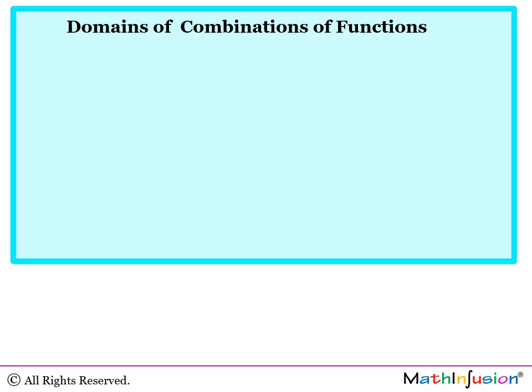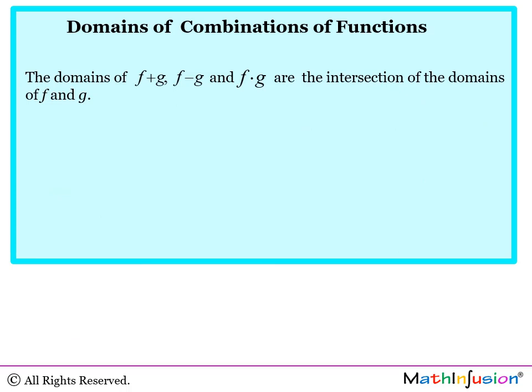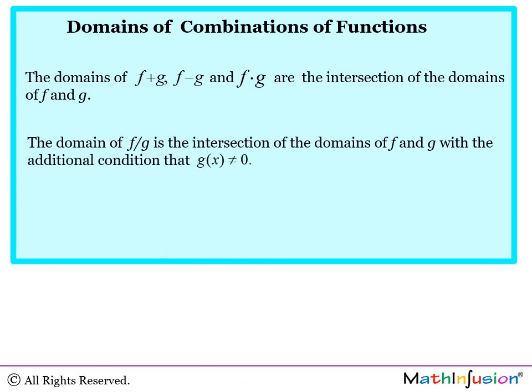Domains of combinations of functions. The domain of f plus g, f minus g, f times g is the intersection of the domains of f and g. The domain of f over g is more complicated. First of all, as above, it is the intersection of the domains of f and g, with the additional condition that g of x cannot be 0.